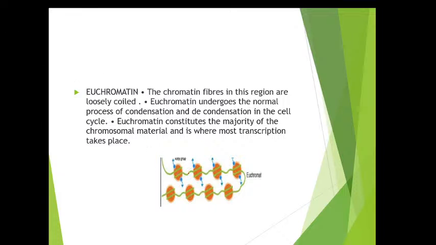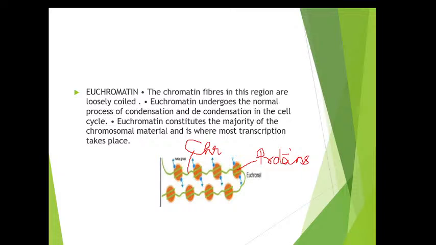So this is chromatin, and these orange structures are proteins. The chromatin fibers will be in a loose condition inside the cell, and in the euchromatic condition, the transcription of the proteins takes place inside the cell.